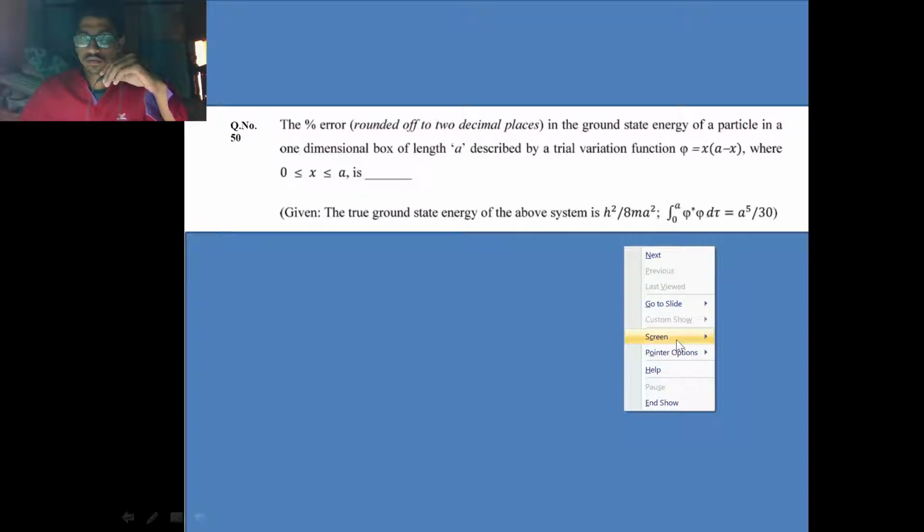The question is: the percent error in the ground state energy of a particle in a one-dimensional box of length a, described by a trial variation function phi equal to x into (a minus x), where x lies between 0 to a, and the true ground state energy is given. And also the normalization factor is given.